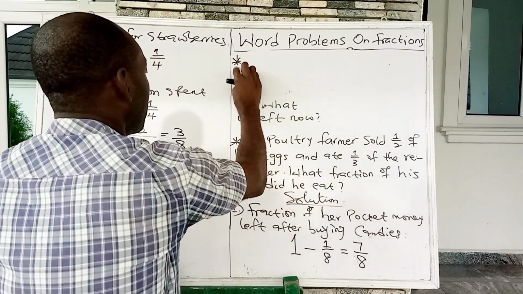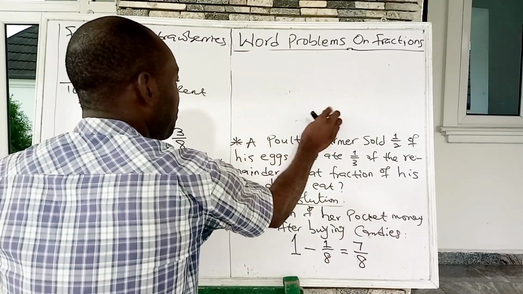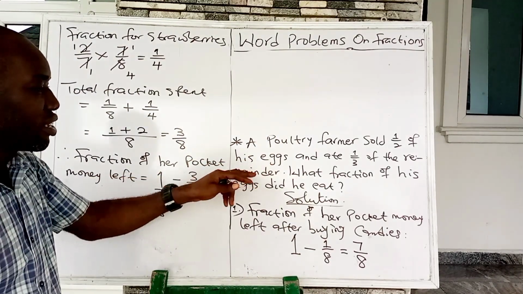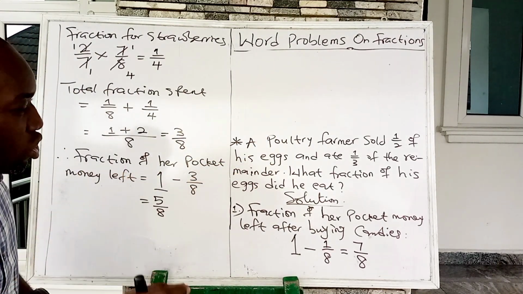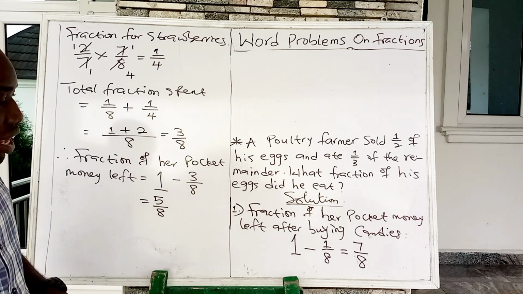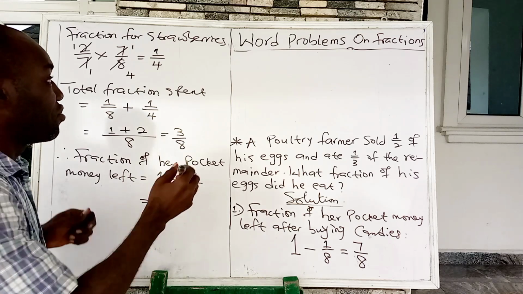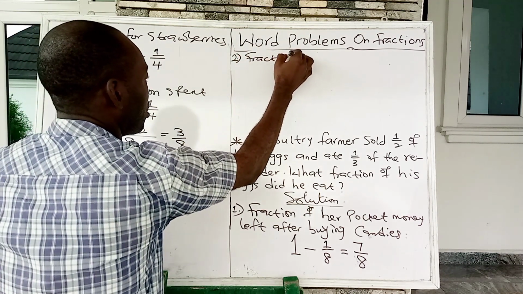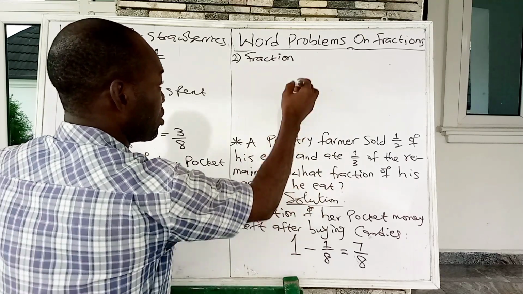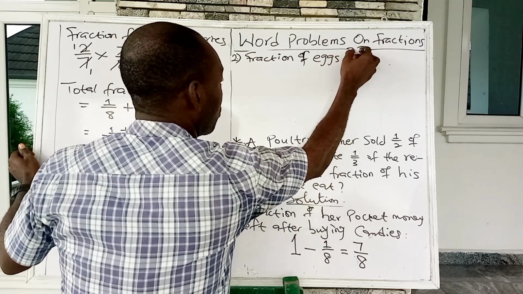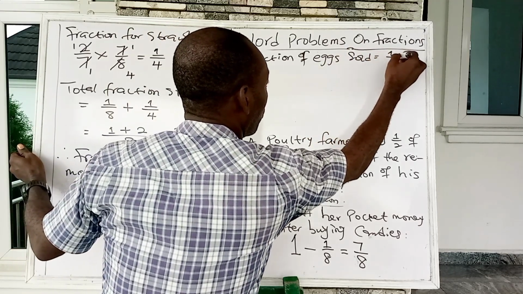The second question reads that a farmer sold 1/2 of his eggs and ate 1/3 of the remainder. What fraction of his eggs did he eat? Now, first of all, the fraction of eggs sold is 1/2.